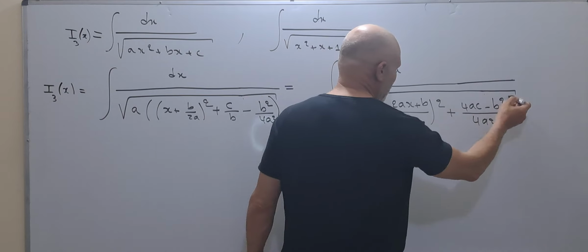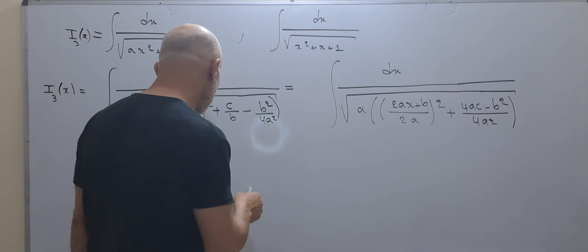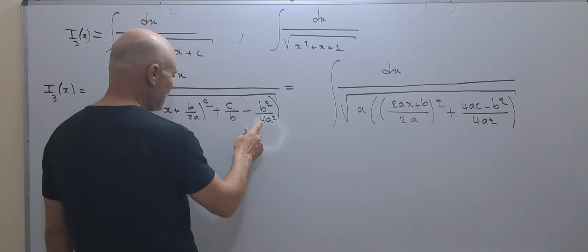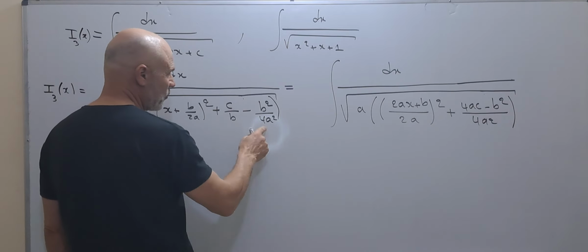We close the brace. So we have 4ac minus b squared over 4a squared.